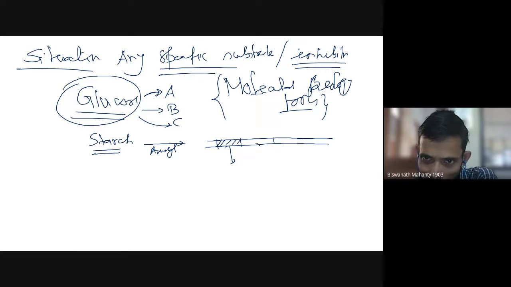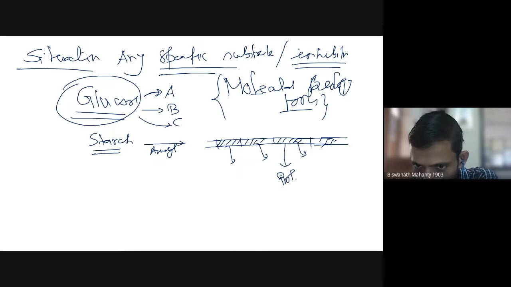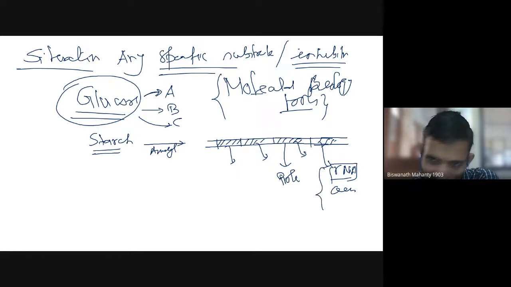This section is producing some other enzyme. Their enzymes may be of different functions, right? So this is one gene, this is another gene, this is also another gene. Maybe some of the genes are producing different kinds of proteins. Some of the genes are involved in protein synthesis machinery, maybe some RNA synthesizing genes, different kinds of RNA.